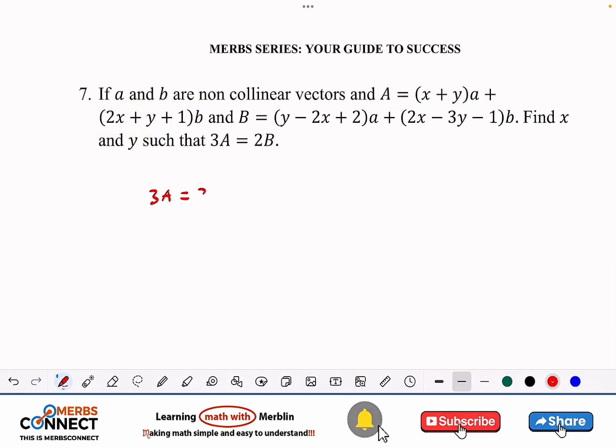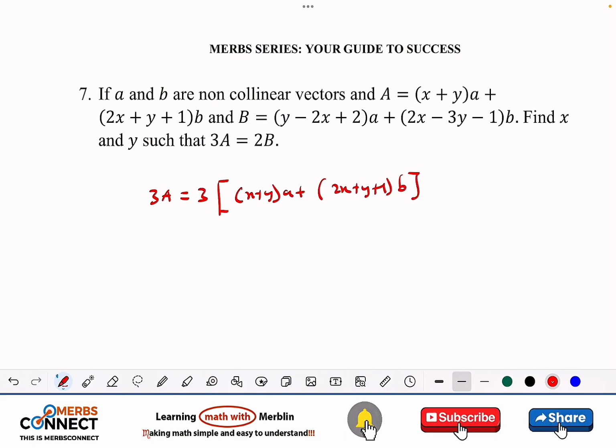So we are going to have 3 times the whole of that, which is x plus y a plus 2x plus y plus 1 b. Multiplying that gives us 3x plus y a plus 2x plus y plus 1 b. So this is 3a.